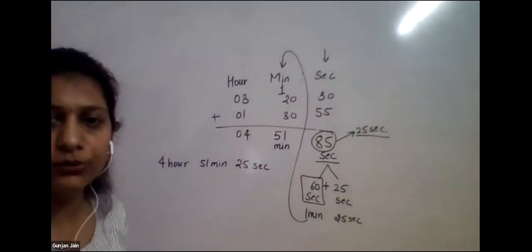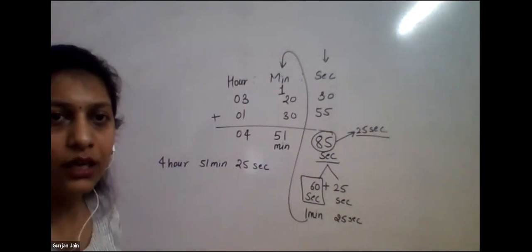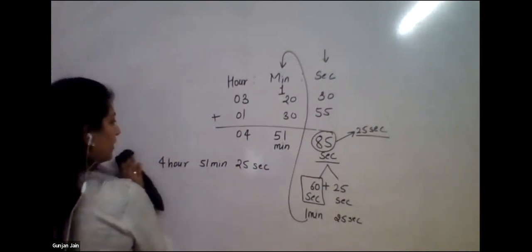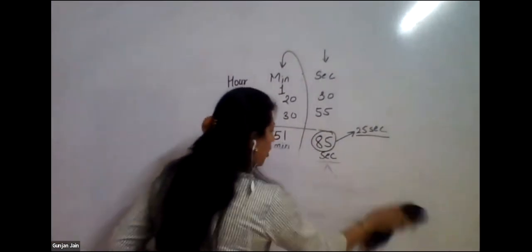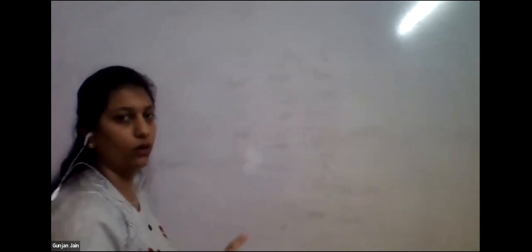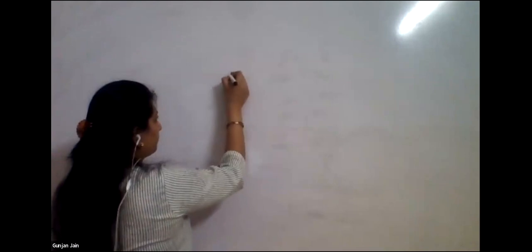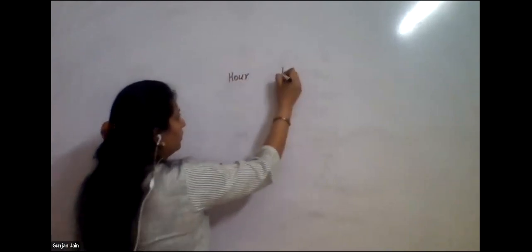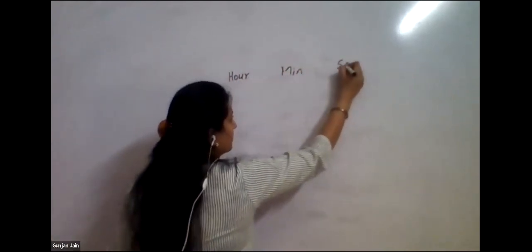Is it clear to you? Any doubt? Now, should I ask you one more question based on this? This is how we add time. Whenever your answer comes greater than 60, then you have to convert it as 60 plus 1.